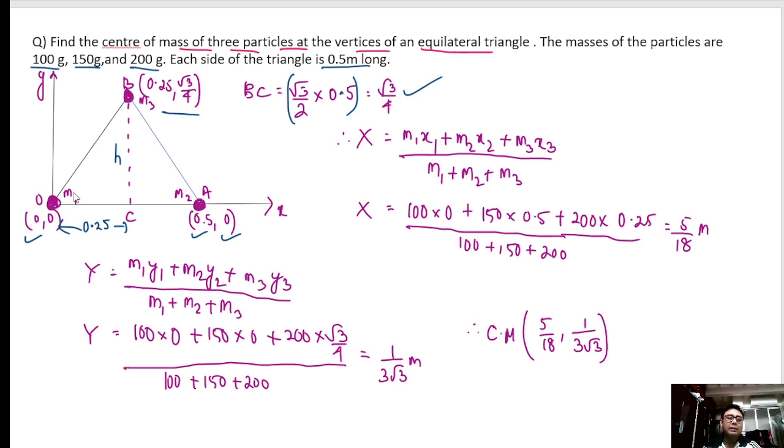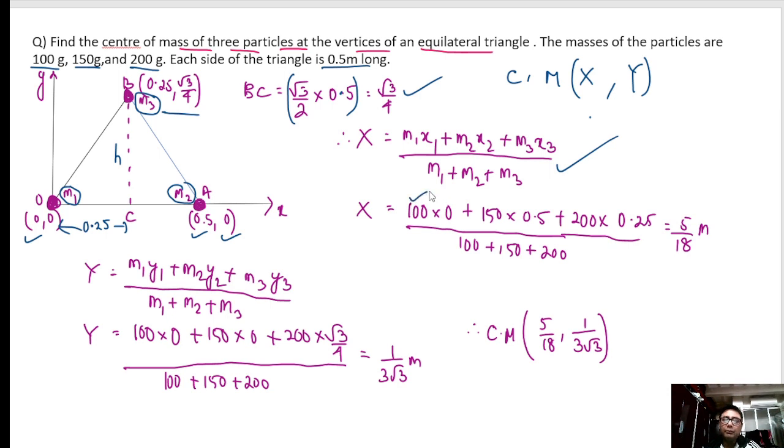Okay, so let the masses located here be M1, M2 and M3. So let us find the center of mass. Let the coordinates of the center of mass be x comma y, and you know that the center of mass coordinate is written like this: x equals m1 x1 plus m2 x2 plus m3 x3 by m1 plus m2 plus m3.